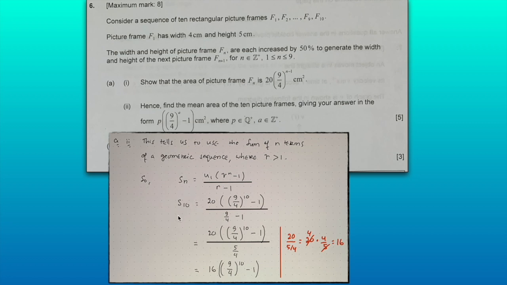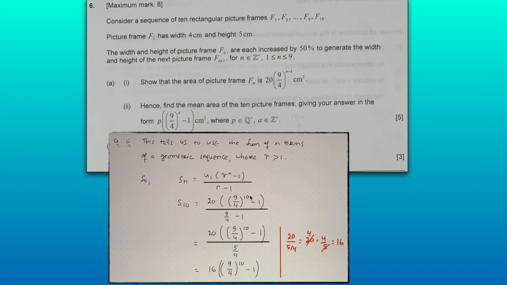We know the initial area, that's 20. We know the common ratio here. The calculation is also shown in the previous part.